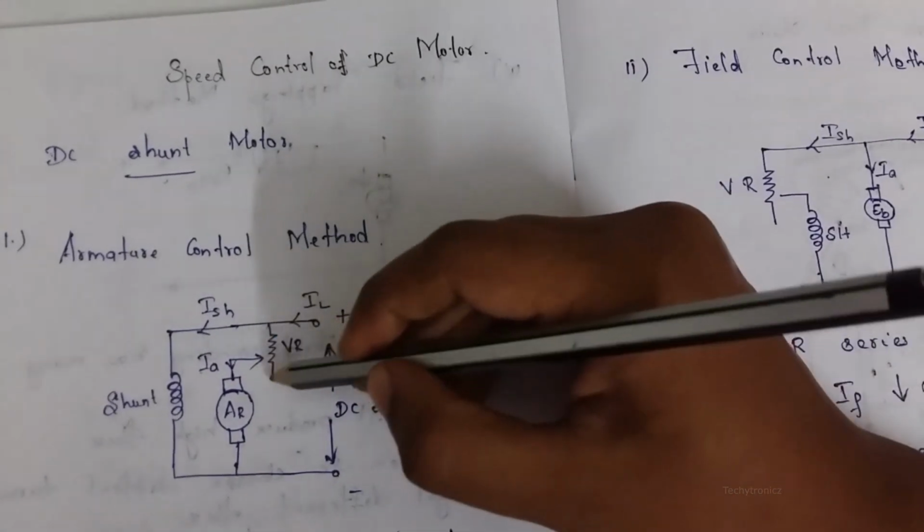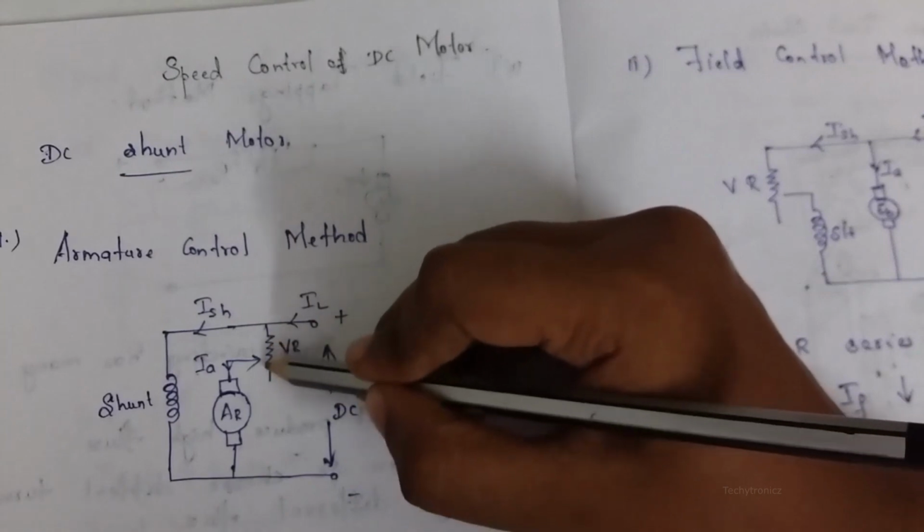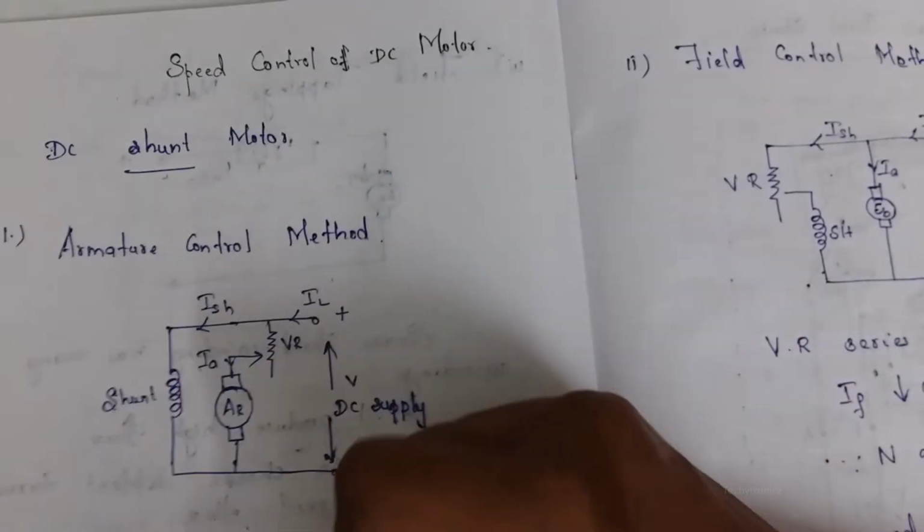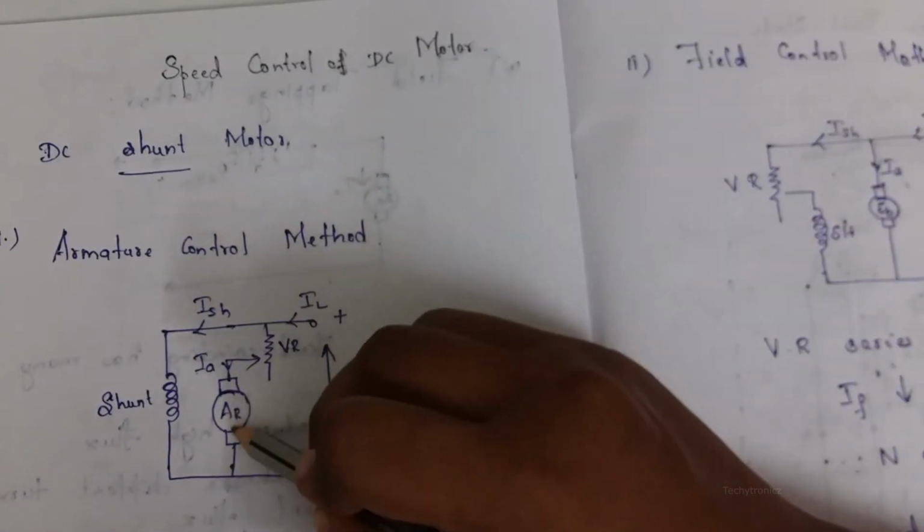When we vary the rheostat and increase its resistance value, the armature current gets decreased.